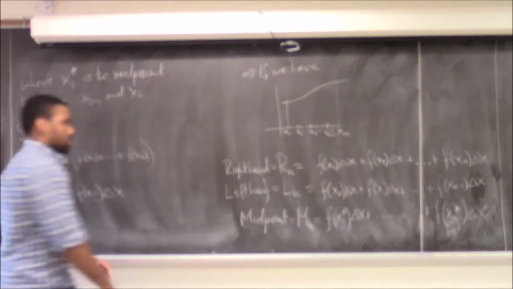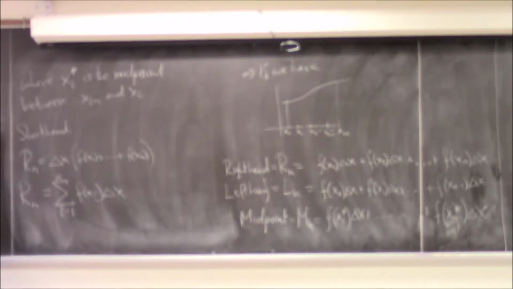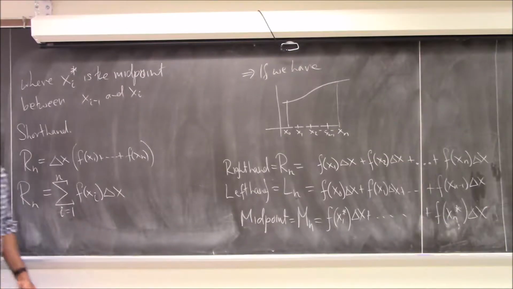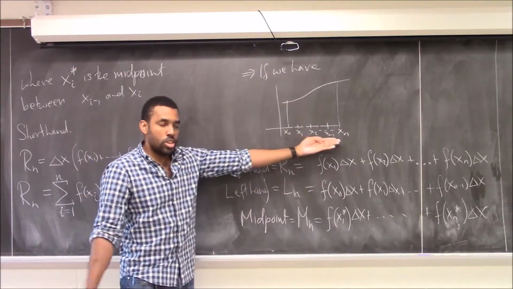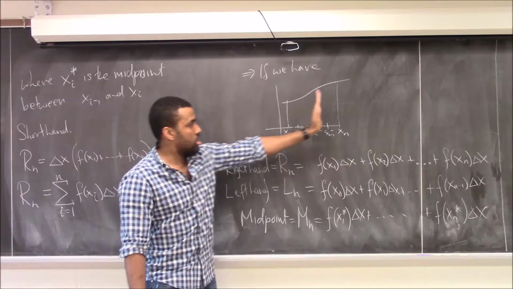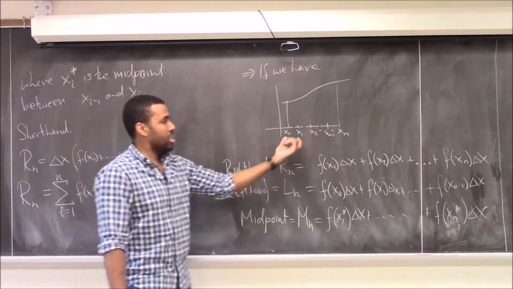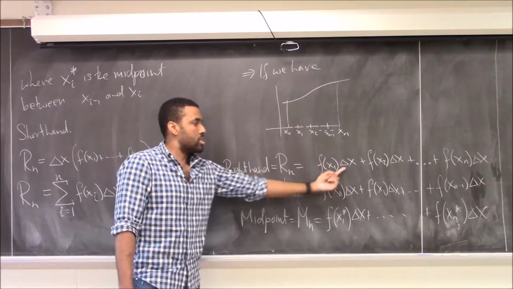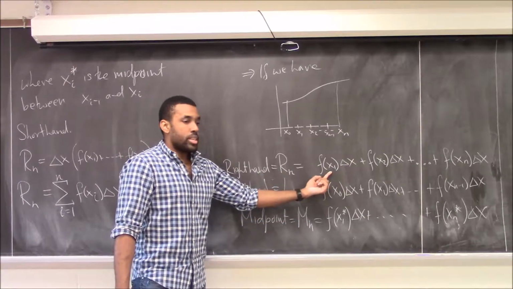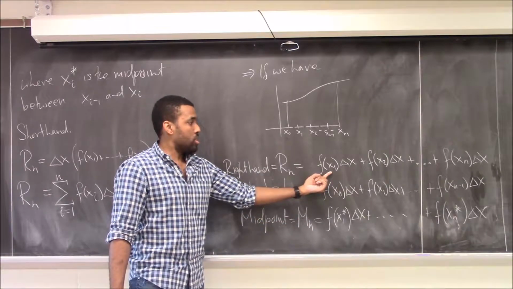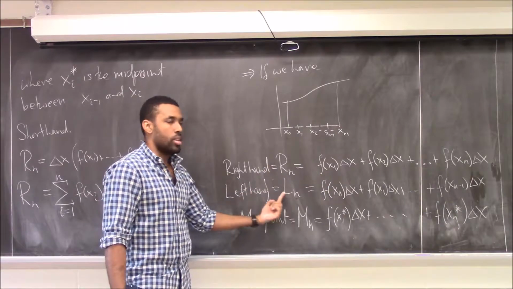We'll do some examples in a bit. I just wanted you to understand the theory of what we're doing here. So given an interval, a function, and a certain number of rectangles, you can cut this up into an equal number of spaces. The length of each space will be delta x, given by b minus a over n. The height of each rectangle is given by the y value of the function that corresponds to which methodology you're using.